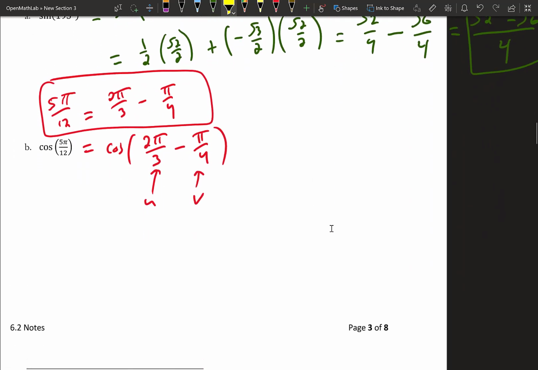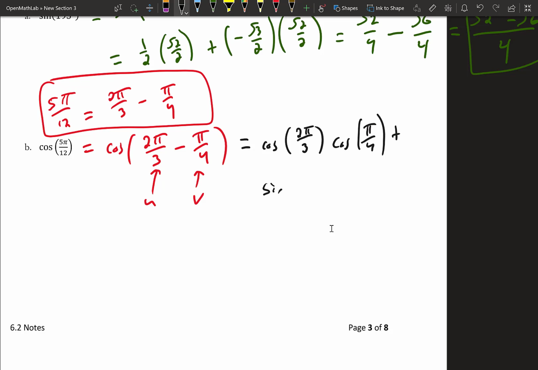So this would be equal to cosine of u, 2 pi over 3, times cosine of v, which is pi over 4, and then plus sine of u, 2 pi over 3, times sine of v, which is pi over 4.